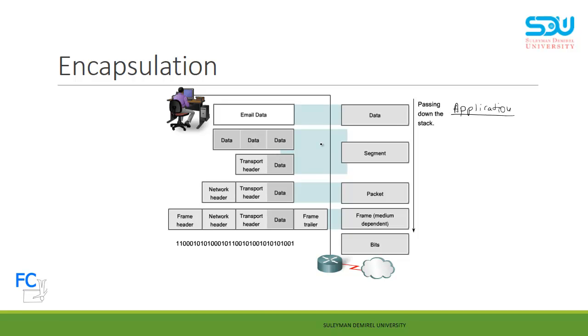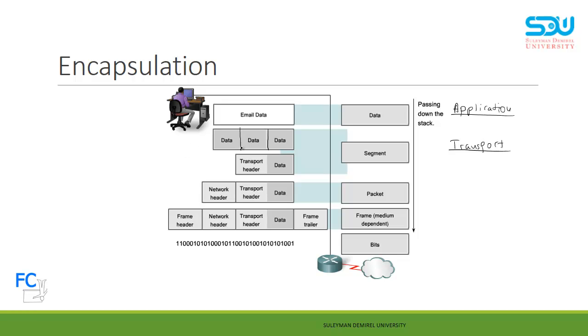Afterward, when this data comes to the transport layer, it is segmented into small pieces of data. From the previous lesson, you should know what segmentation is. Segmentation is just the division of data into small pieces to prevent problems like lost data.